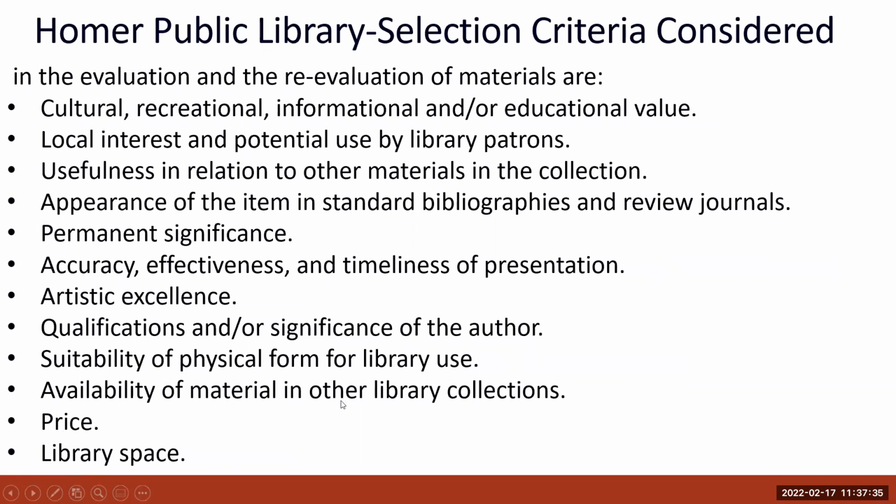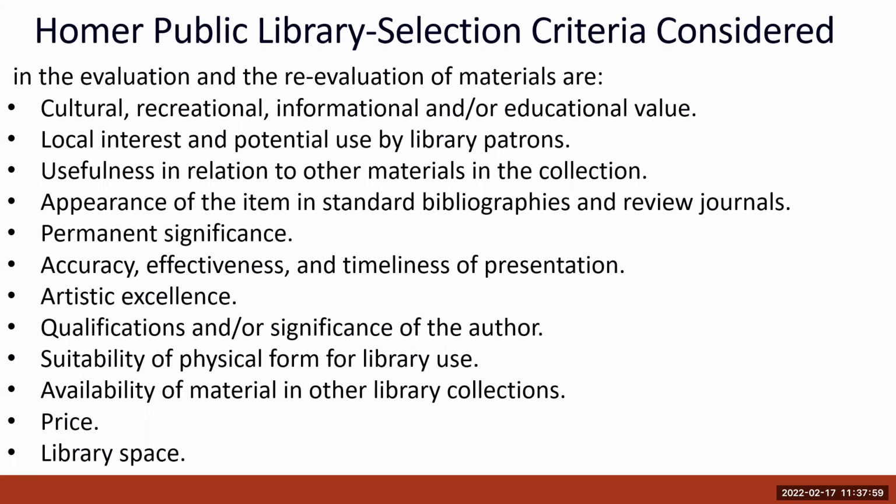All right, and then here's the selection criteria for Homer, and they go ahead and list what it is. I can't see because of the slide, but it says selection criteria considered in the evaluation and re-evaluation. I love the fact that they included that in there, because once you add something to your collection, it's not one and done.